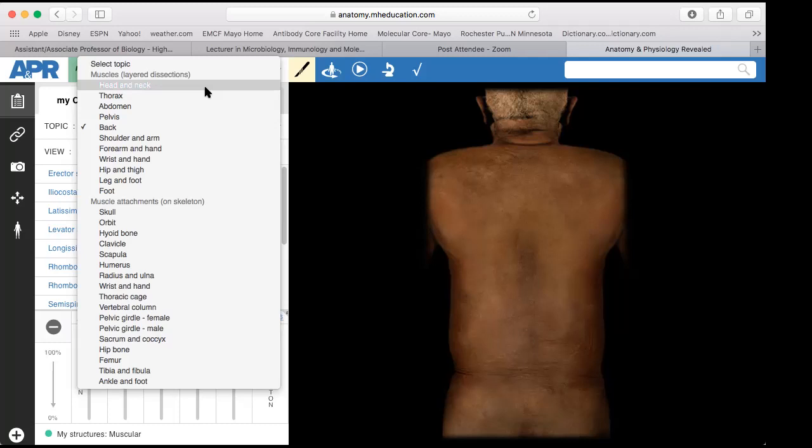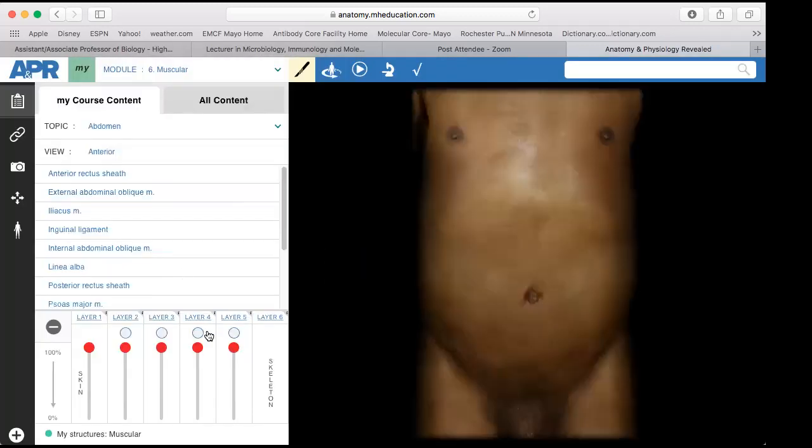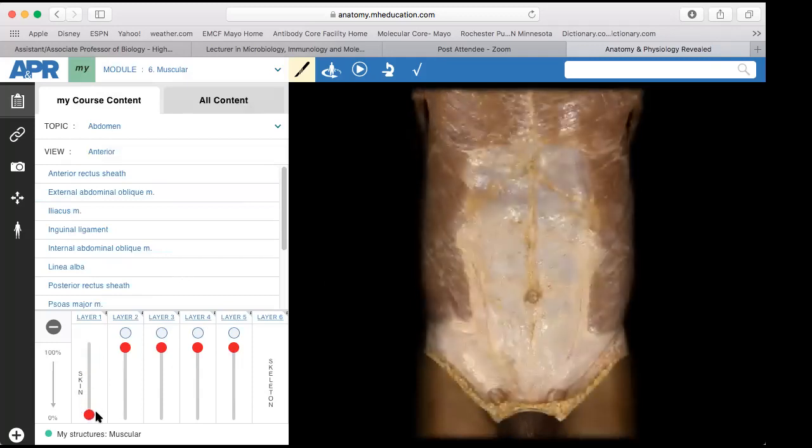Okay, so in here we are going to look at the abdomen, right? All right, so let's look at the abdomen area. We have just done the first layer of dissection. So what do we see here? That is the linea alba.